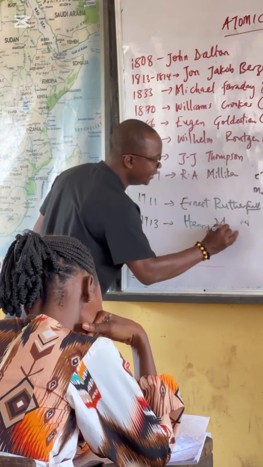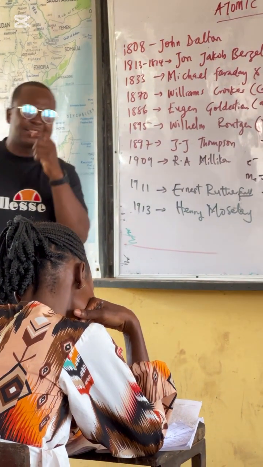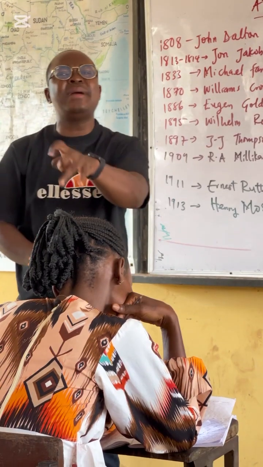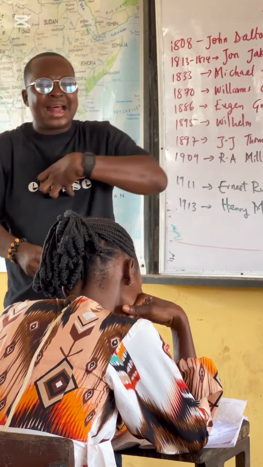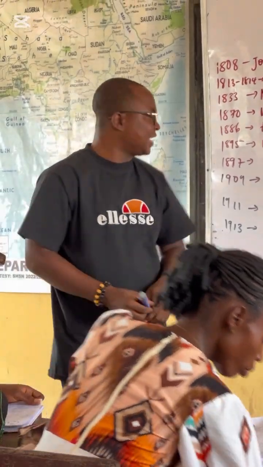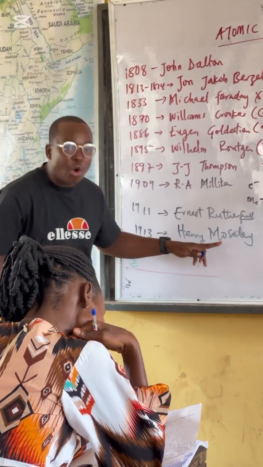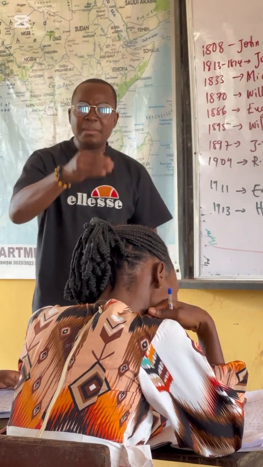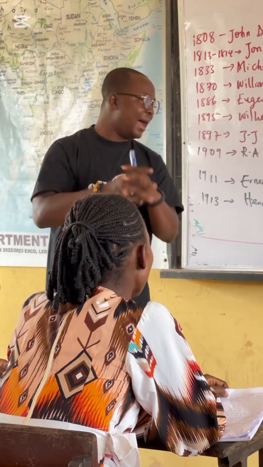Henry Moseley discovered that the number of protons present inside the nucleus is the fundamental characteristic of that atom. That is, the behavior of an atom depends on the number of protons present inside the nucleus. He did not discover the proton; he discovered what we call the atomic number. Atomic number is the number of protons present inside the nucleus of an atom.